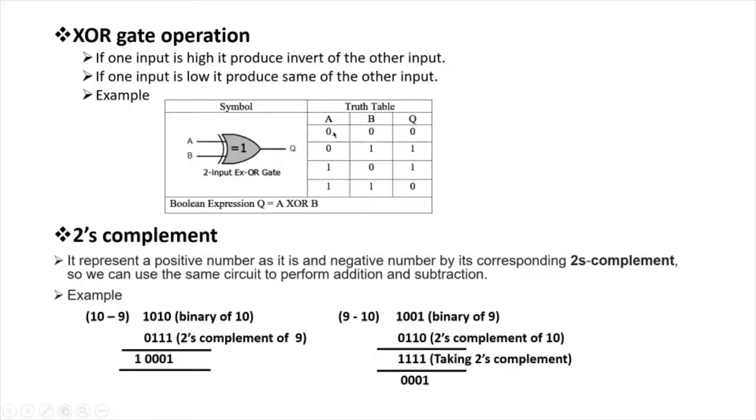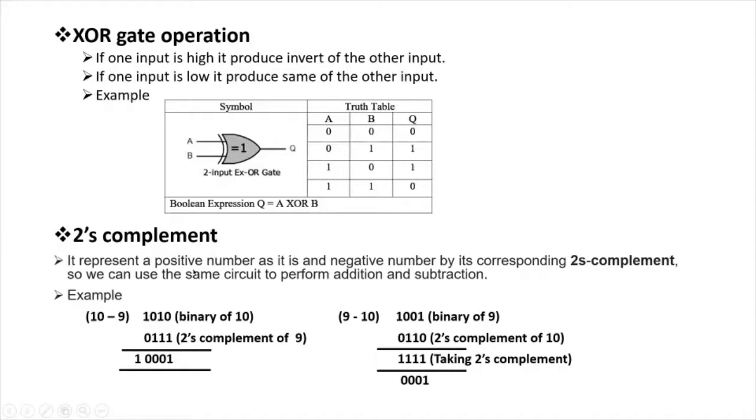As you can see in the example, if one of the inputs is 0, then the output will be the same as B. If one of the inputs is high, which is 1, then the output will be the invert of the other input. If the other input is 0, then the output will be 1. If B is 1, then the output will be 0. So this is the XOR gate operation.